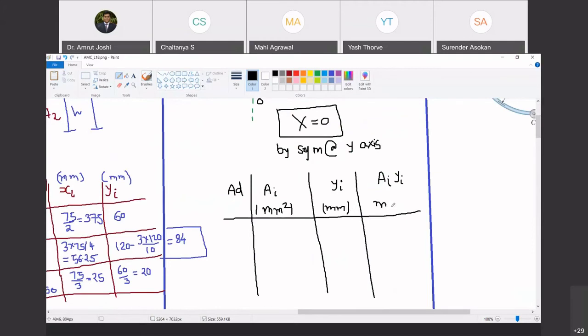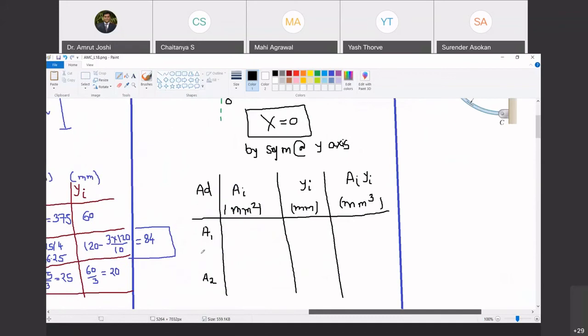Do you agree with me? Yes, sir. Now A1 and A2. A1 is additive, A2 is subtractive, right? Yes, sir.